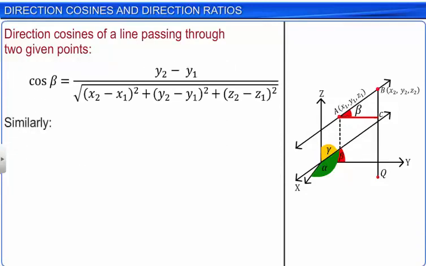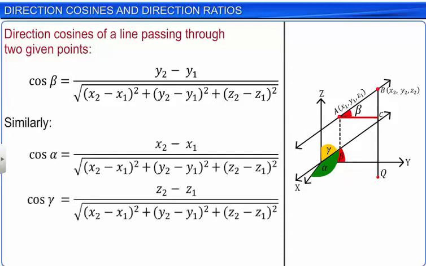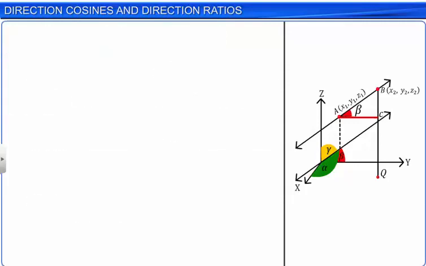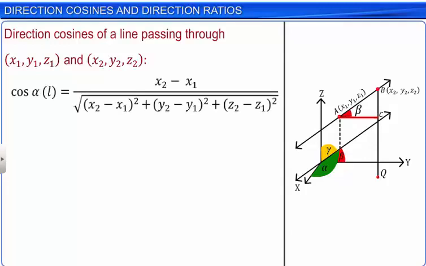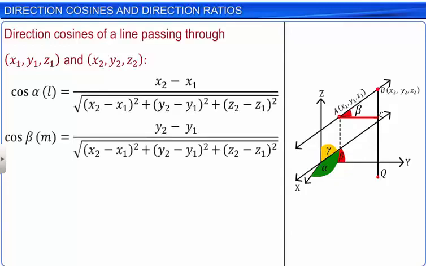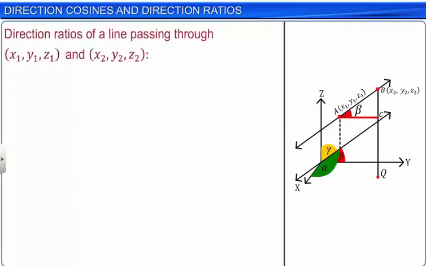Similarly, we can find the values of cos alpha and cos gamma. Using these equations, we can find the direction cosines of a line passing through given two points with the coordinates x1, y1, z1, and x2, y2, z2. We can also find the direction ratios of a line passing through two given points as shown here.